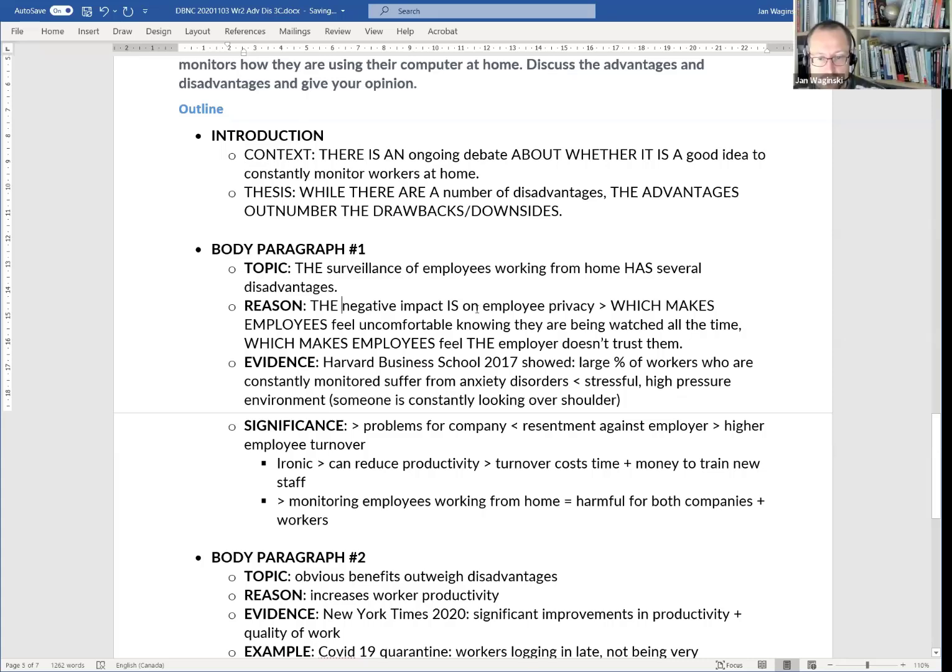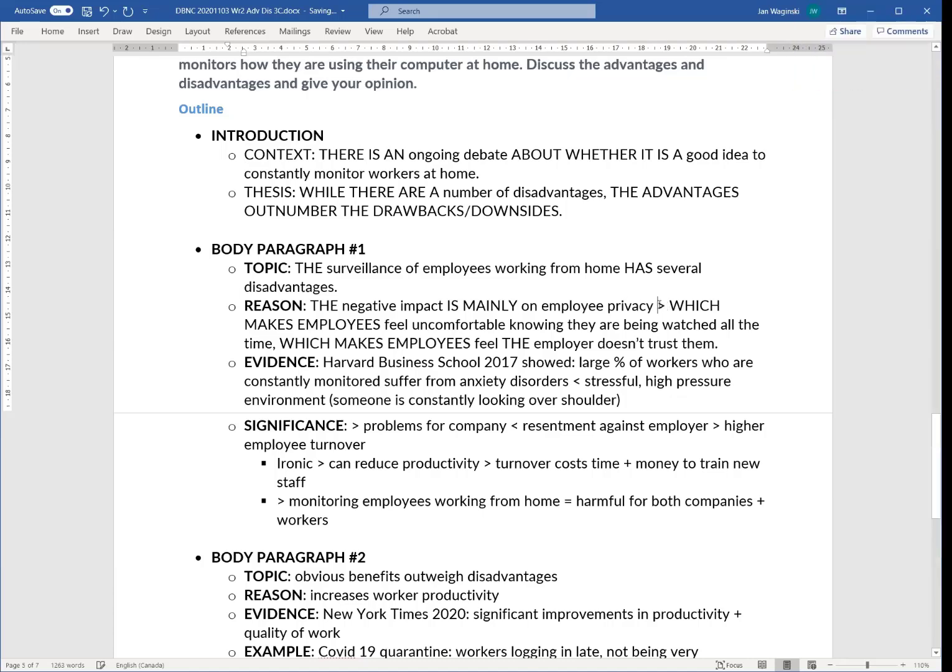Could we say that? You could if you wanted to. The surveillance of employees working from home has several disadvantages. I would say the negative impact is mainly on employee privacy. We need an apostrophe here: employees'.